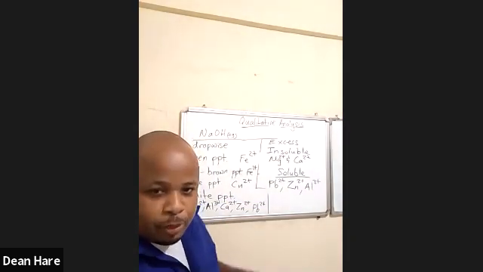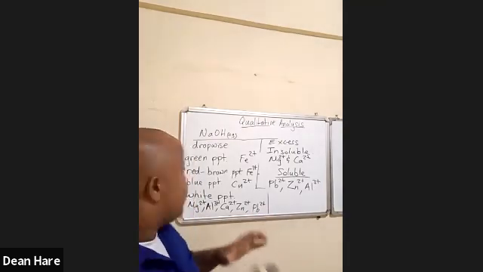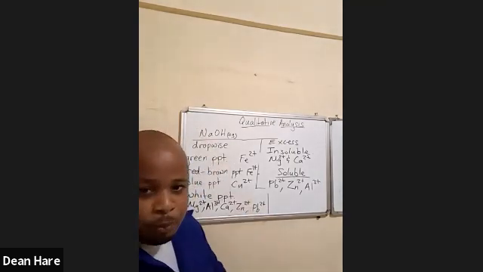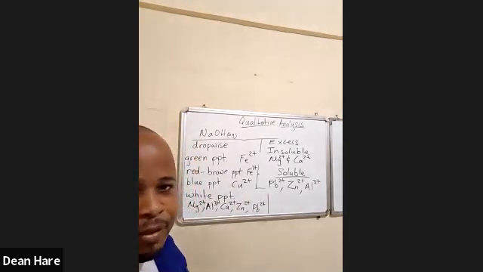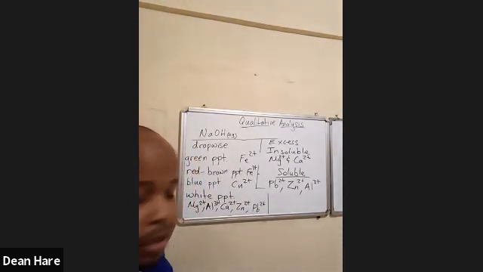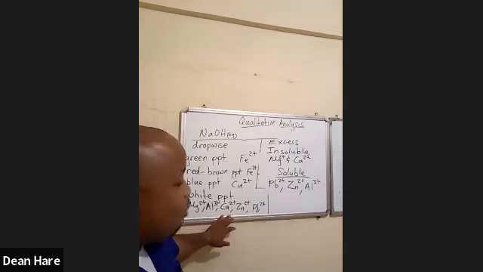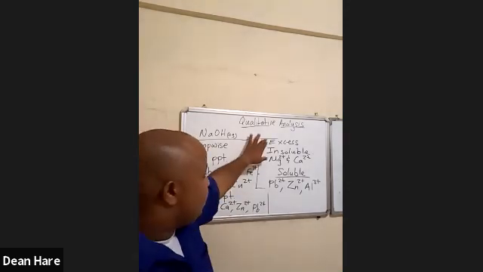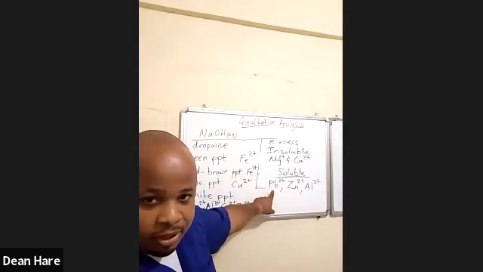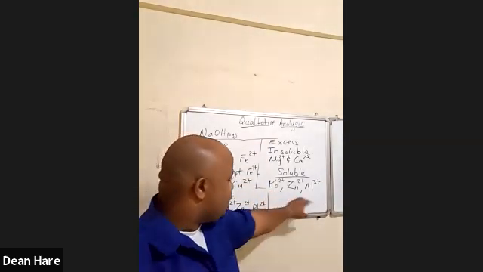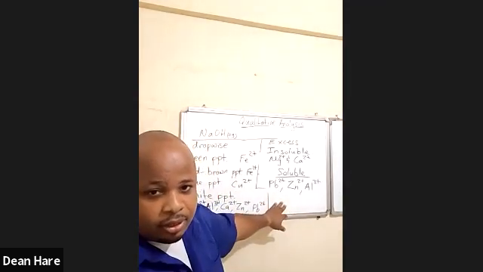So in the first part, let's say we add sodium hydroxide dropwise and we get a white precipitate. It means that any of the 5 ions can be present. However, when you add it in excess, if the precipitate dissolves, then one of these 3 ions is present.